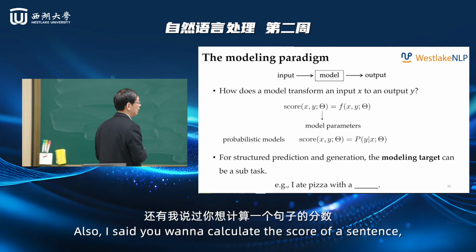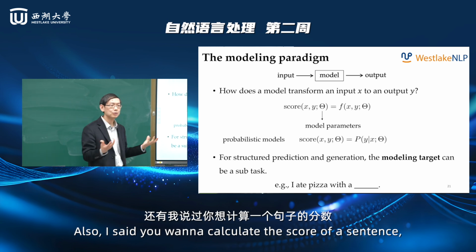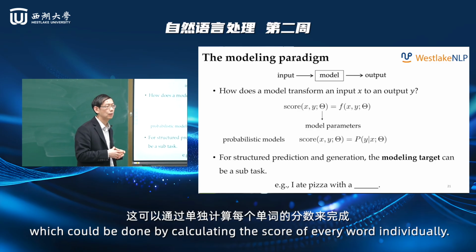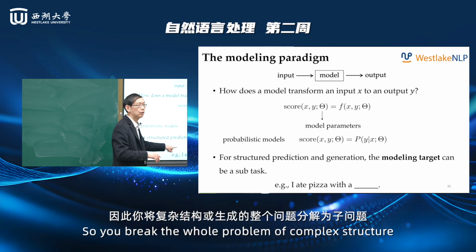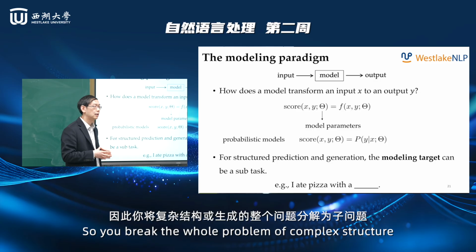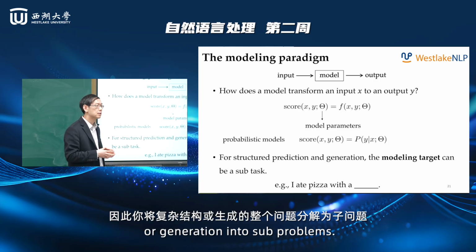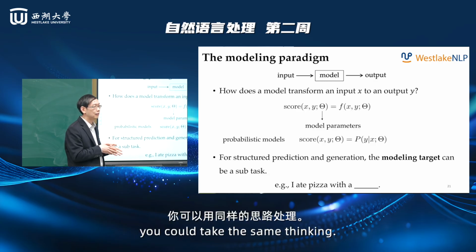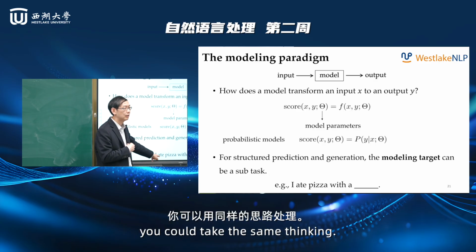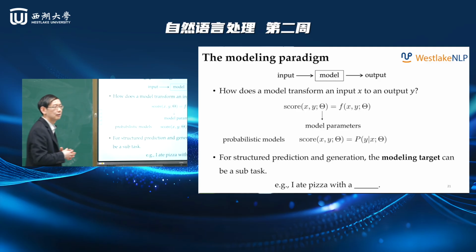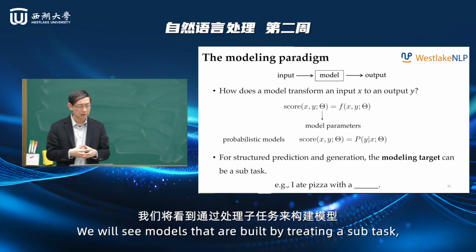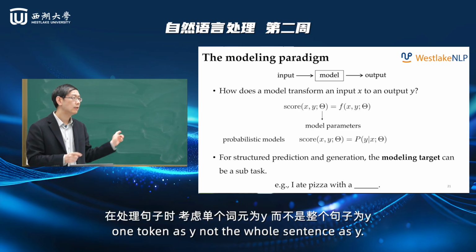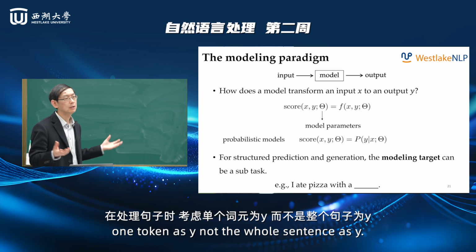Also, I said you want to calculate the score of a sentence, which could be done by calculating the score of every word individually. So you break the whole problem of a complex structure or generation into sub-problems. When you have the sub-problem, you could take the same thinking. We will see models that are built by treating a subtask, one token, as y, not the whole sentence as y.